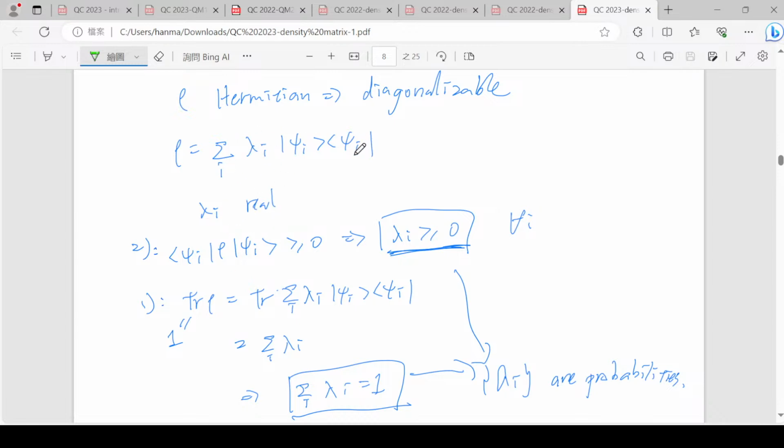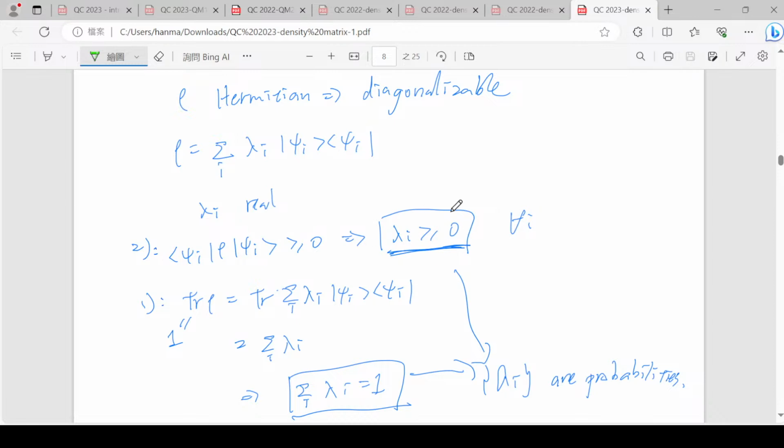First we see that rho is PSD, so if we sandwich rho with each of the psi_i, it is greater than or equal to 0. So we see all those lambda_i are greater than or equal to 0. Here we also use that we are doing unitary diagonalization, so every eigenvector is orthogonal to each other.